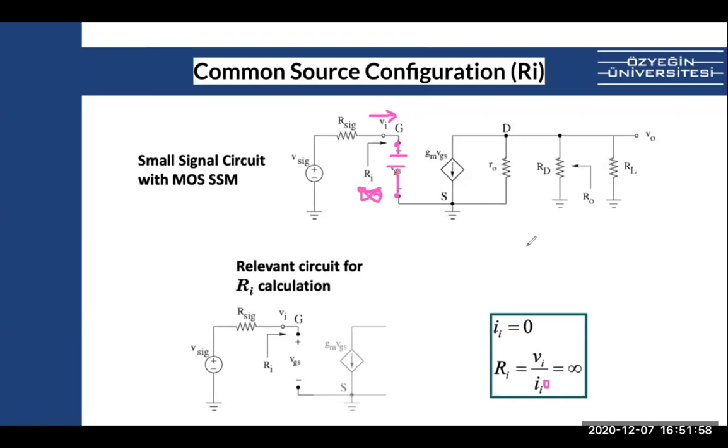But for simplification, at the basic level, we are looking at very low frequency right now. We are not considering the entire bandwidth. So this is a low frequency analysis. And because we have a cap here, at low frequency it is open, right? So basically we are ignoring this cap.